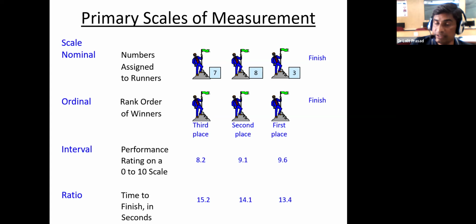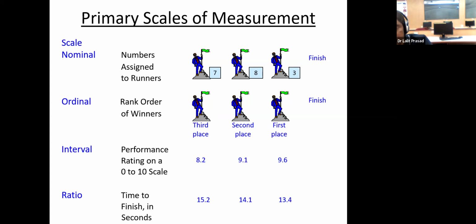Then the person who is touching the line first, who is first, then second, then third: rank 1, 2, and 3. This is the thing. Then the interval scale, 0 to 10 point rating, because there is a difference between ranking scale and rating scale. Rating means the interval scale.